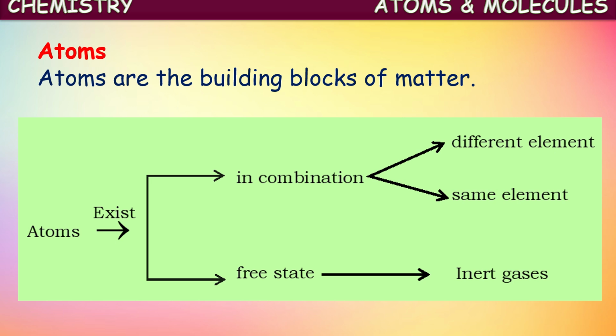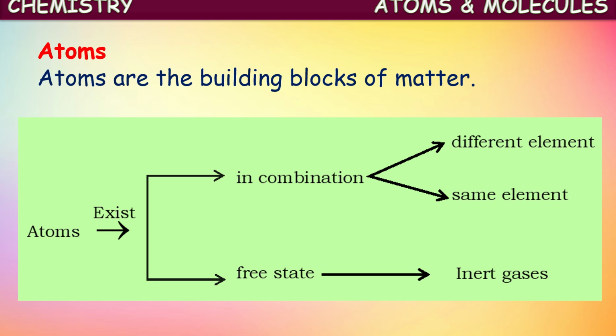If atoms of the same element combine together, it gives rise to a molecule of an element. If atoms of different elements combine together, it gives rise to a molecule of a compound. If there is no combination and they exist individually, there is no chemical bond formation and no force of attraction between the atoms. That is the case with inert gases.